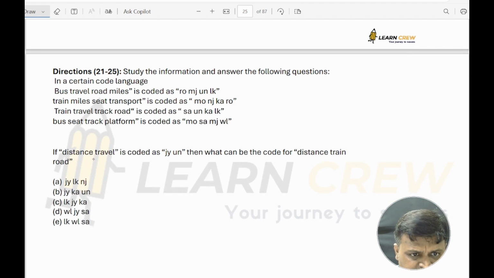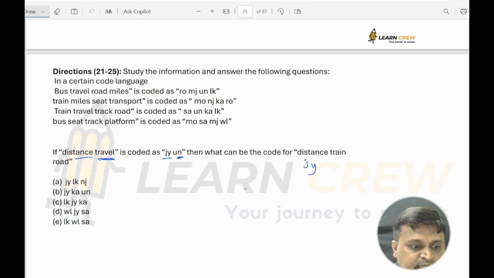Next. Distance travel is coded as ZYUN. So it means travel is UN. Travel is UN or LK, but it is given travel is UN. Distance is JY. So it should have JY. Road would be LK. JY, LK.